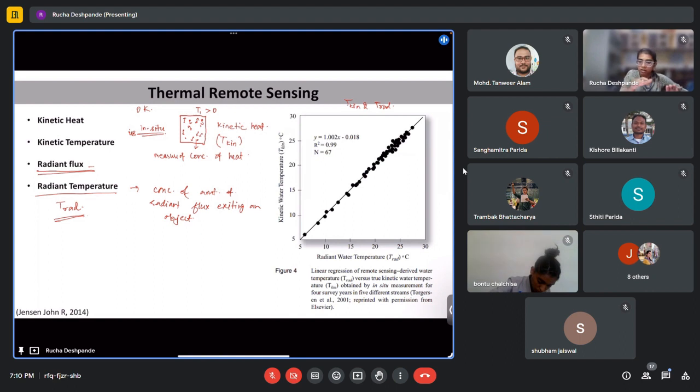So there is a correlation established between the kinetic and the radiant temperature. This plot on the right side shows the linear regression of remote sensing derived water temperature, which is T rad, versus the true kinetic water temperature, which is T kin. T rad was measured using satellites, and T kin was measured using a thermometer.